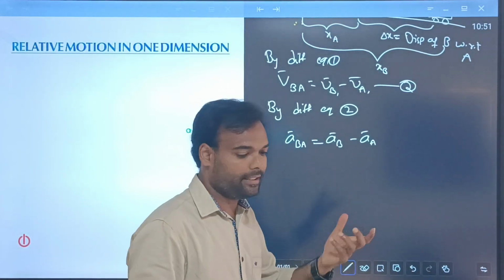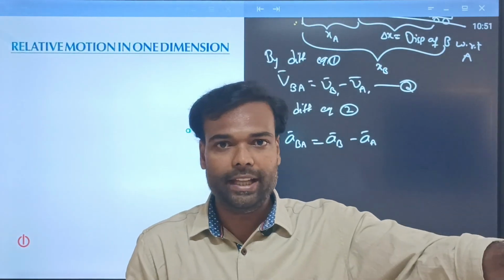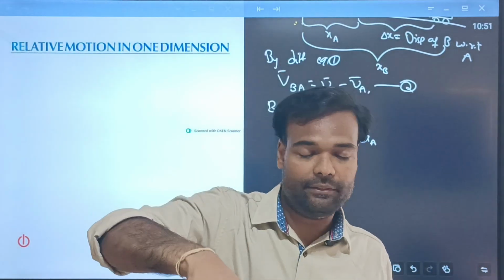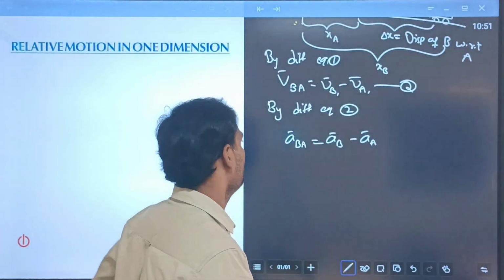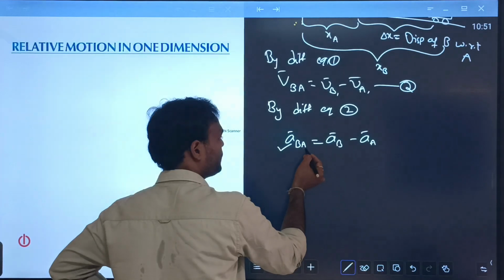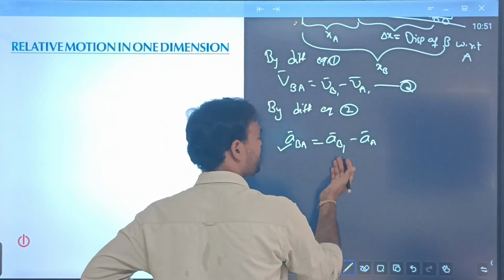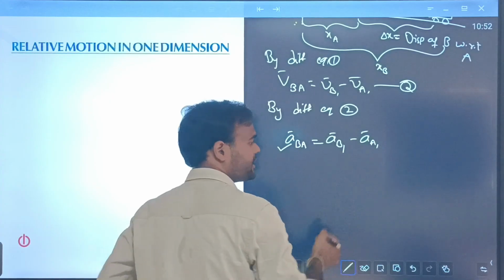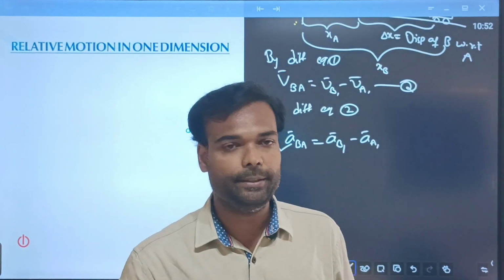Now, the acceleration of B with respect to A is the acceleration of B as observed from inside car A. So this is the observation of acceleration of B with respect to car A, but this is the acceleration of B with respect to the origin. This is the acceleration of A with respect to the origin. Clear? I hope I am very clear so far.